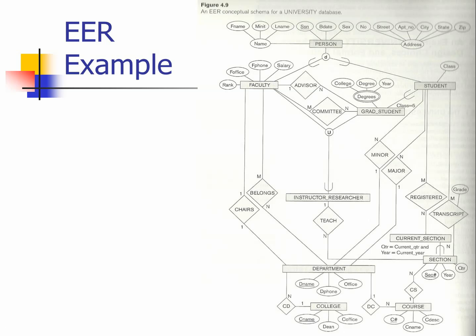And more importantly, this is a figure that combines the superclass, subclass, as well as the relationships. So make sure you understand that the relationships are represented by the diamond shape, while the superclass and subclass use the special fork sign to indicate the direction of the superclass and subclasses.